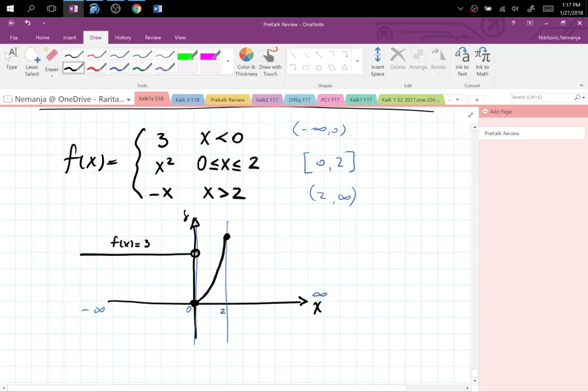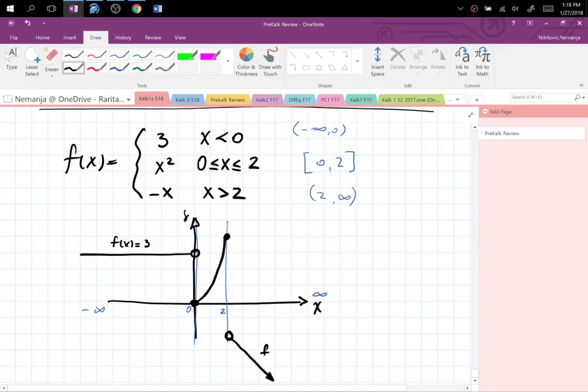And then after 2, so in this third region, partition, you have negative x. Now negative x is a linear line that goes 45 degrees through the origin forever. Well, it's clearly going to pick up there and then go from there on, because you're not allowed to have that function here because it would fail the vertical line test, right? So it will pick up over here with the open circle, again, no equal sign, and then it will just go 45 degrees forever down.